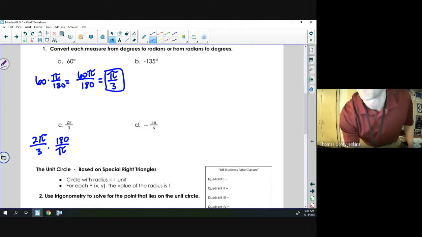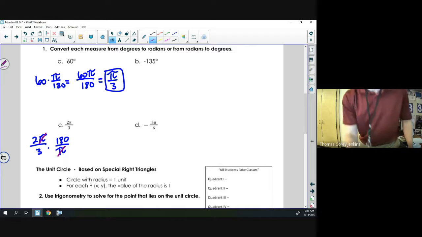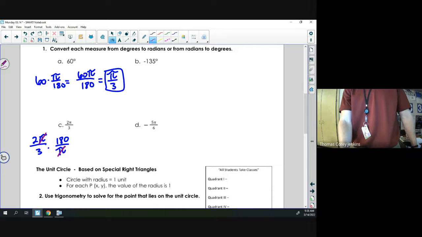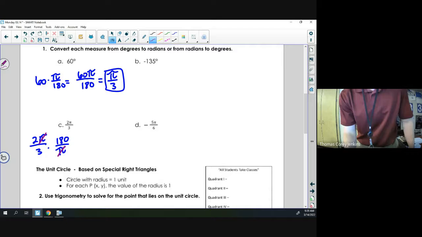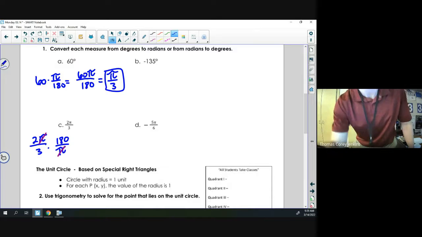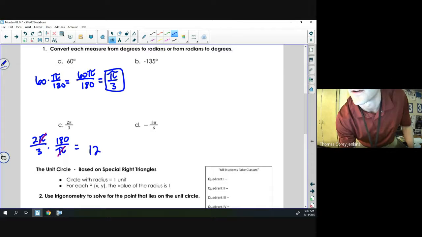On this one, pi over pi is going to cancel out to 1 over 1, so you should just have rational numbers, not pi. So now we're looking at reducing 2 times 180 over 3, or 360 over 3, and that would be 120 over 1, or 120.